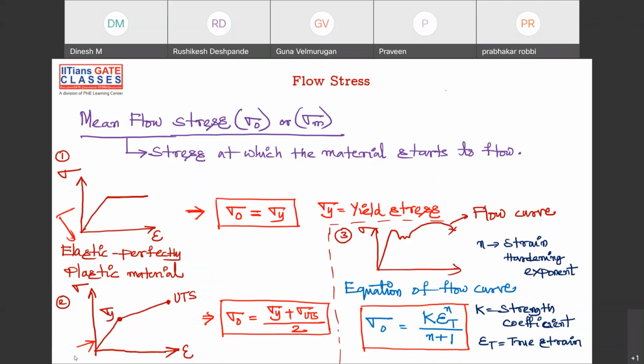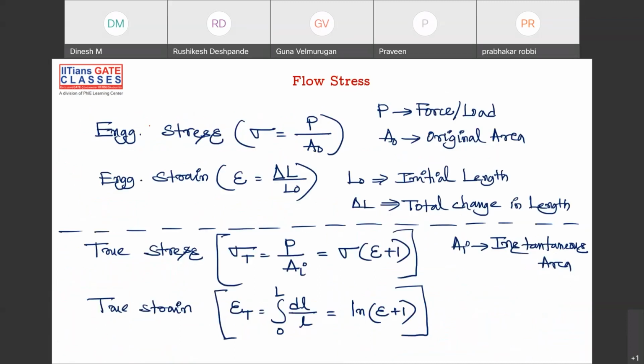This is elastic, some plastic. Why is it called perfectly plastic? Because without any application of stress, it is increasing its strain. That is ideal. It won't happen, because without applying any force, how would your change in length happen? So this is elastic, perfectly plastic, this is elastic, some plastic, and this is the true flow curve. Okay, fine. And these are the formulas for engineering stress and engineering strain.